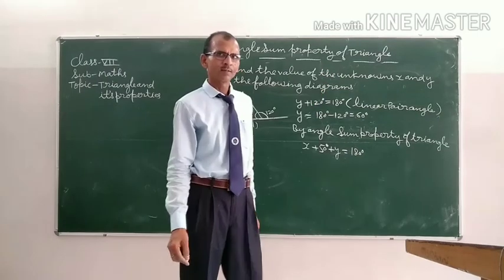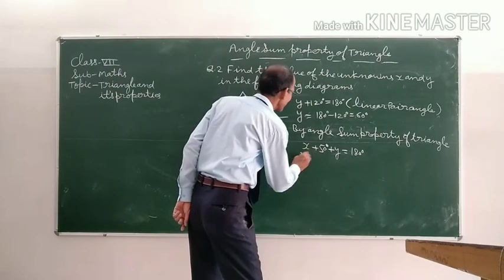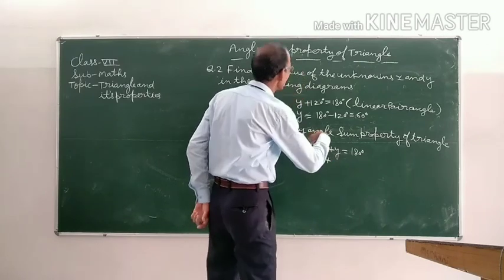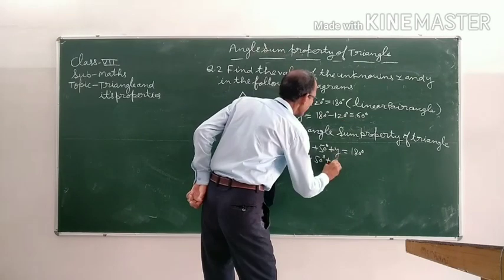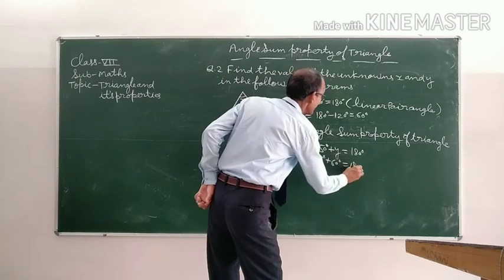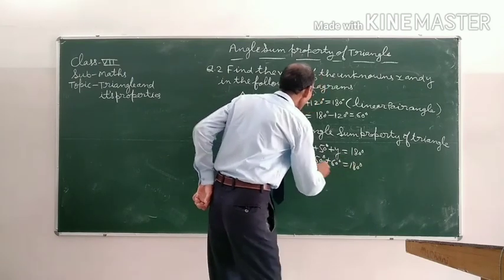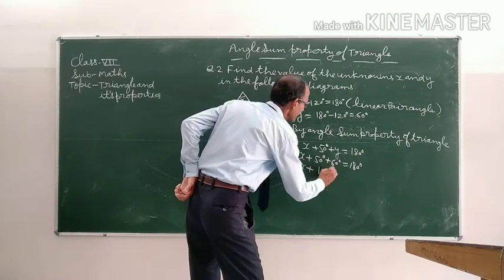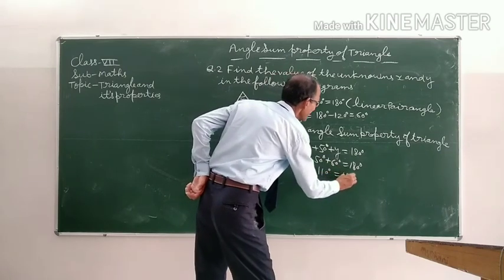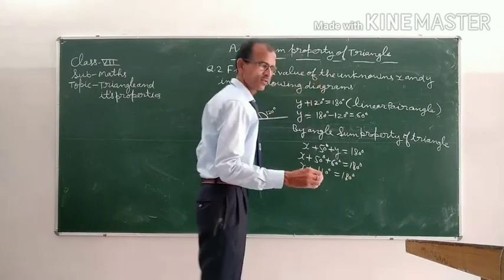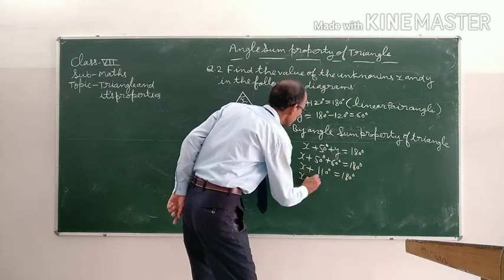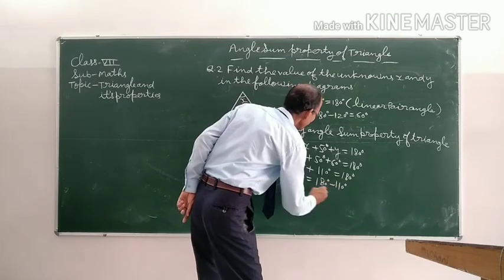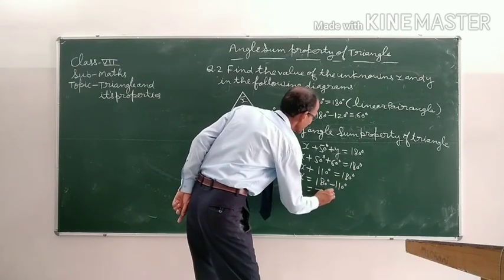Okay, here x plus 50 degree plus value of y is 60 degree is equal to 180 degree. Okay, x plus 50 plus 60, 110 degree is equal to 180 degree. Okay, x is equal to 180 minus 110 degree is equal to 70 degree.